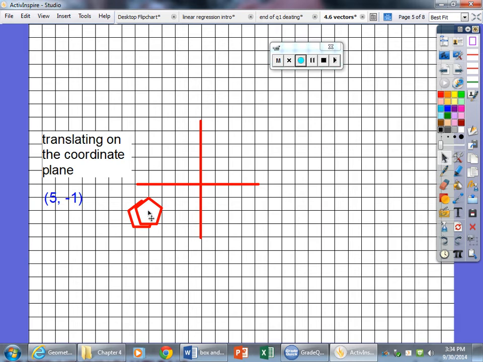So I would take my pentagon, I would move it 1, 2, 3, 4, 5 in the positive direction in the x, and then 1 in the negative direction on the y. And this is just another way of showing a vector.